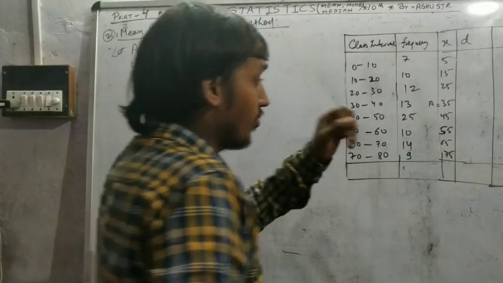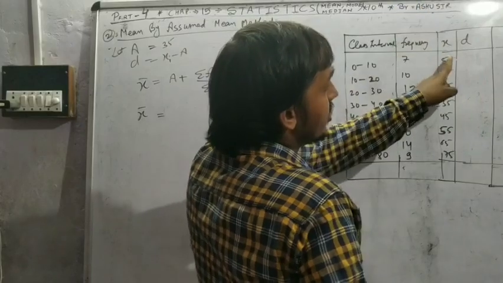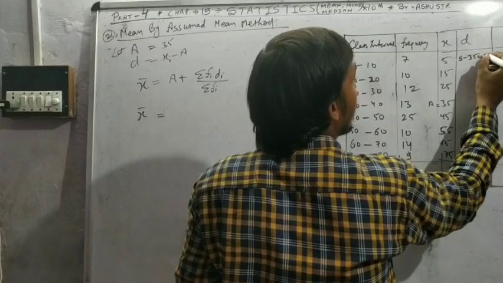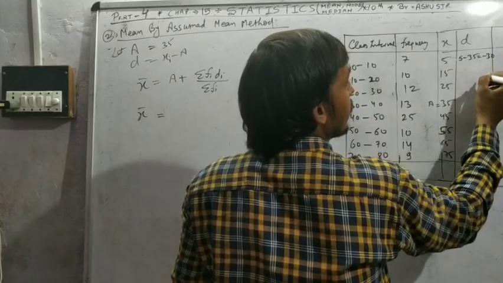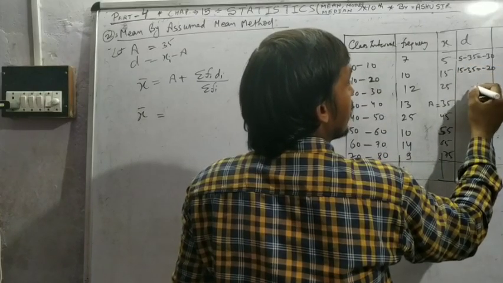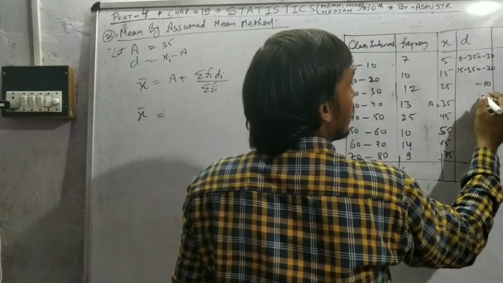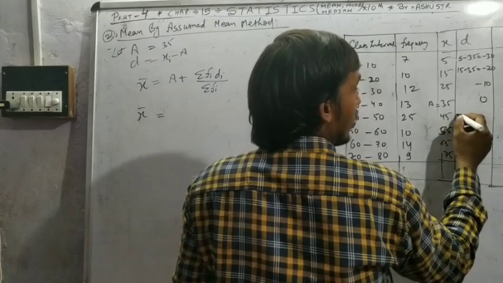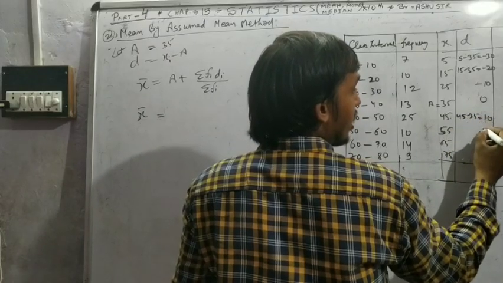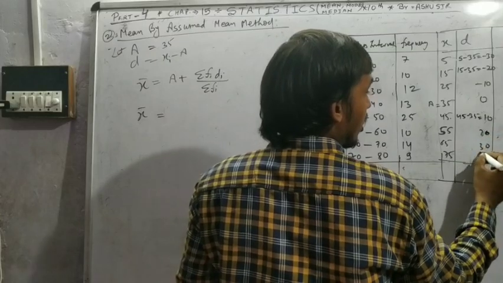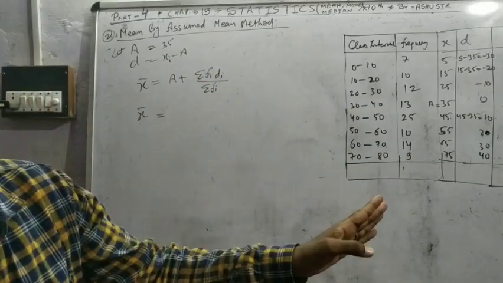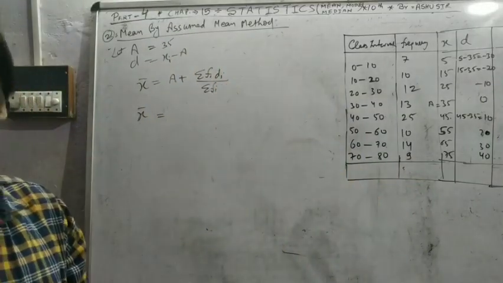For the first data, 5 minus 35 we get minus 30; 15 minus 35 is minus 20; then minus 10; 0; then 45 minus 35 is 10, 20, 30, 40. Always x first, then minus a.